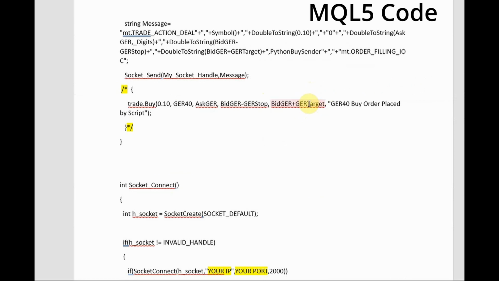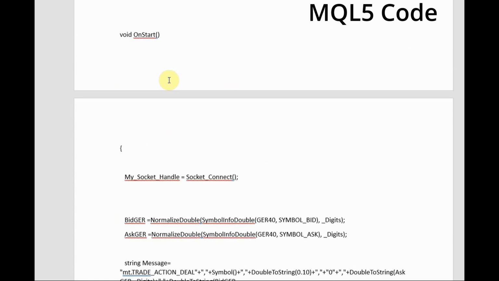We can change it before we run the script without having to code later on. So we've got the target, and we've got a comment here, GER40 buy order placed by script. Now we'll see that in the MT5 terminal if the order places, and we'll go through the MT5 stuff later on. We close the bracket off and then close this part of the code.